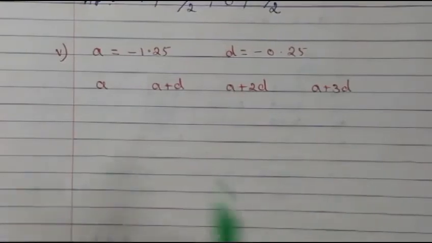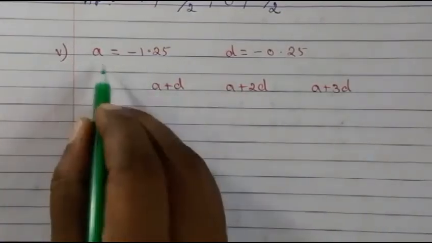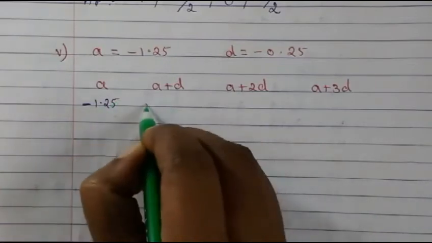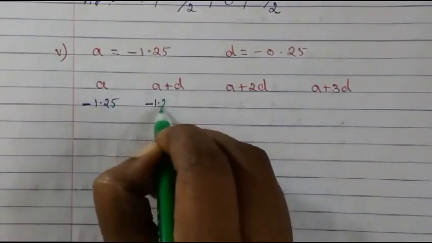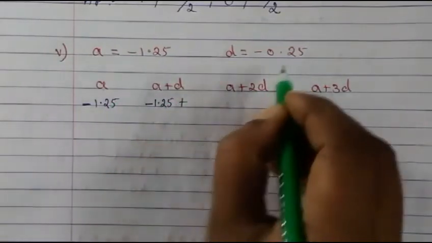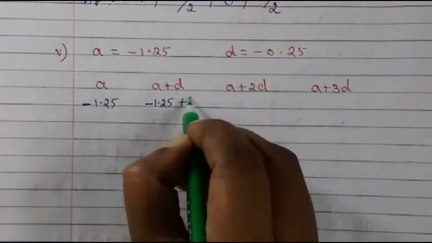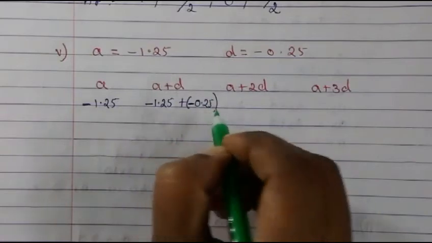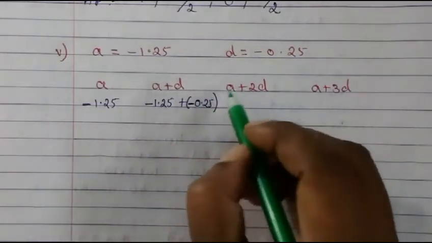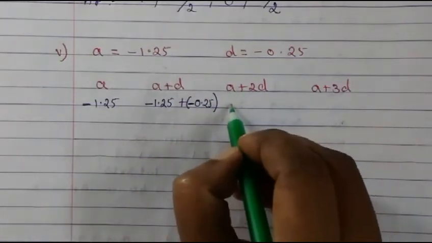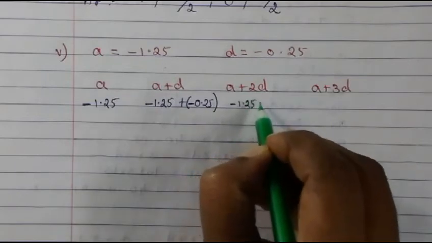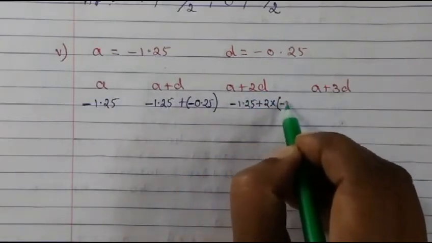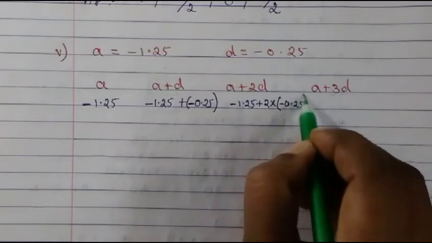So I have written down the formula. So now A value is minus 1.25. So A value is minus 1.25 plus D is minus 0.25. So here A is minus 1.25 plus 2 into D is minus 0.25.